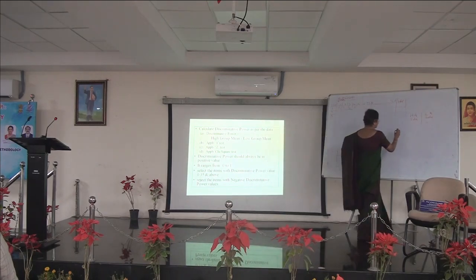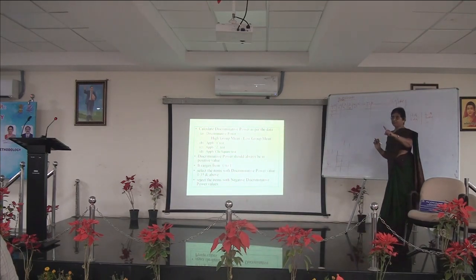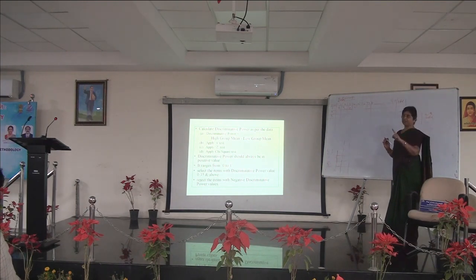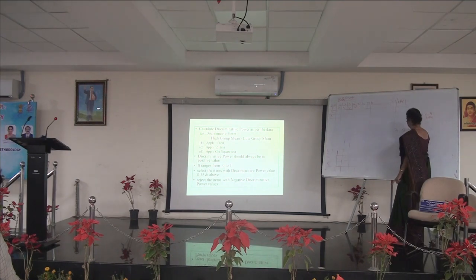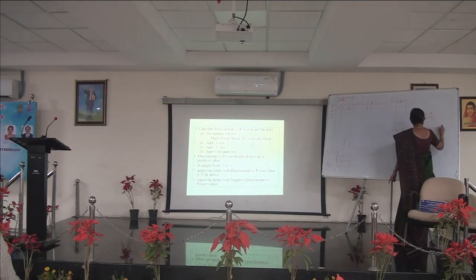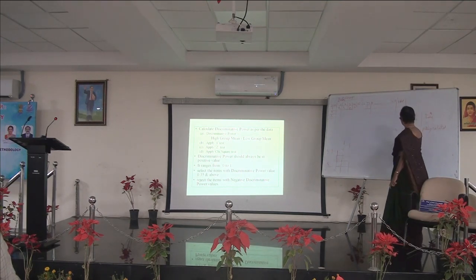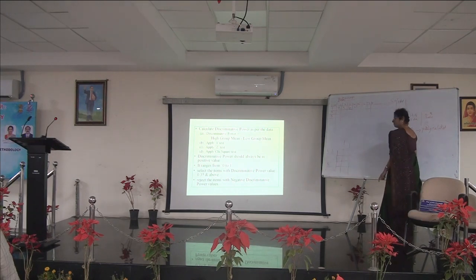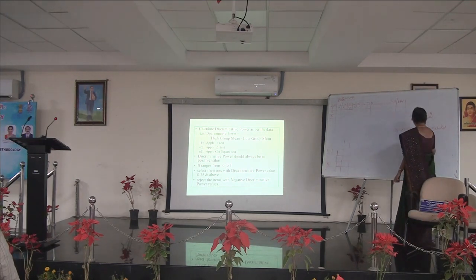For convenience, if you calculate r and it is 0.2 or below, it means that it is poorly related. The correlation is poor. When it is 0.35 to 0.6, it is moderate. And when it is higher, it is good.